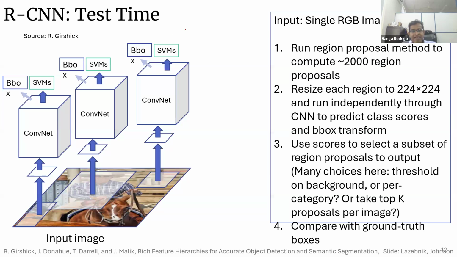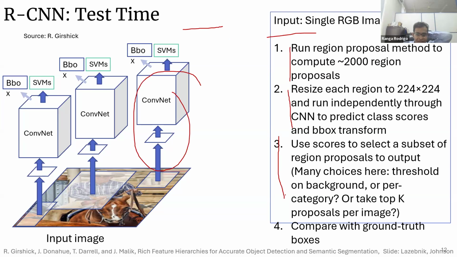So for a single RGB image, what do you do? Run the region proposal method to compute the 2000 region proposals, resize each region to 224 by 224 and run independently through the CNN. Use the scores to select the subset of region proposals to output. Many choices are there: a threshold on background or per category, or top K proposals per image.